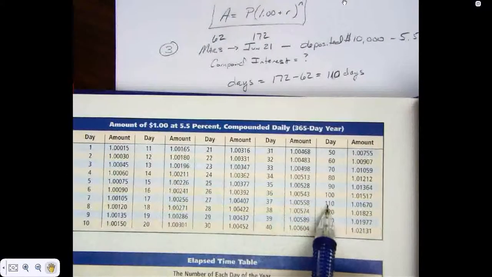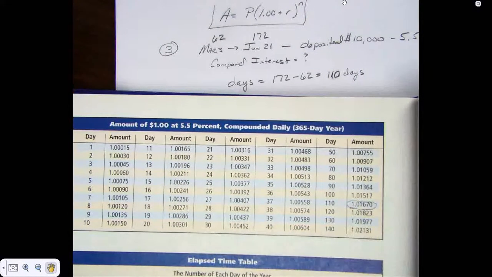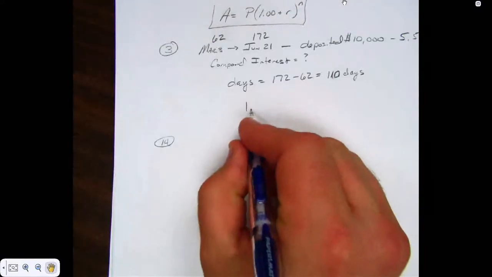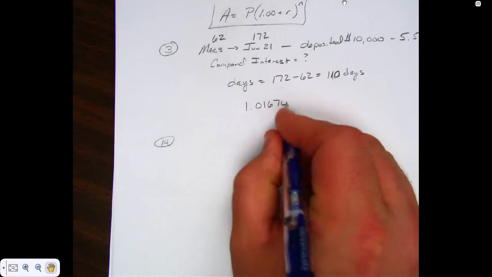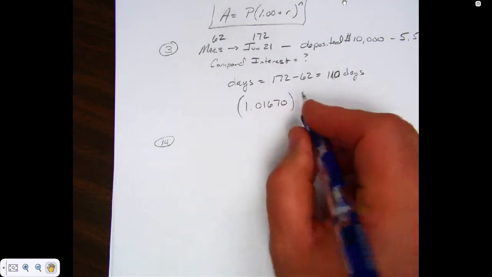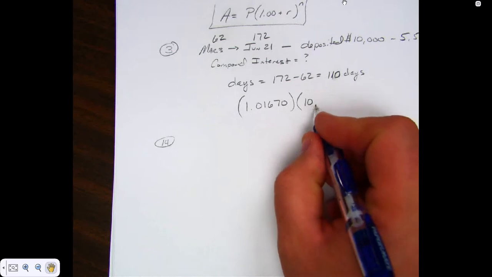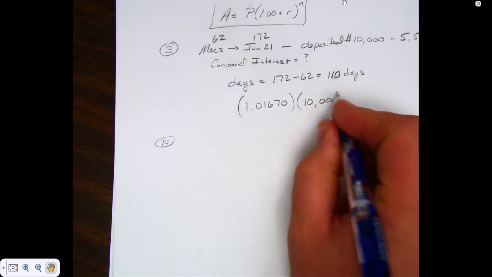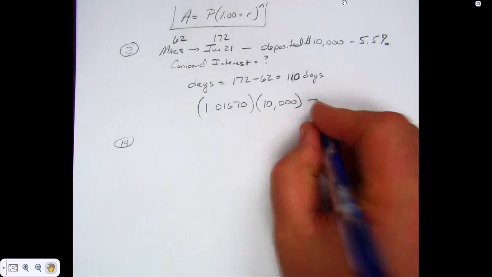That would be right here, compounded daily at 5.5%. There's your key number right there, 1.01670. You take that number and multiply it times how much you deposited, which was 10,000. And that'll be the amount you have right now.